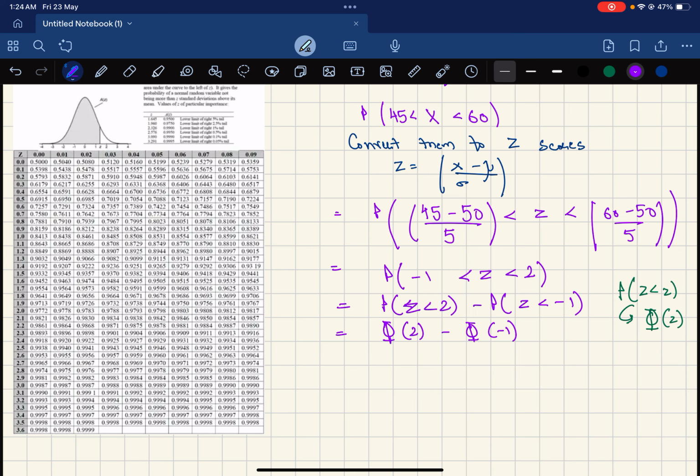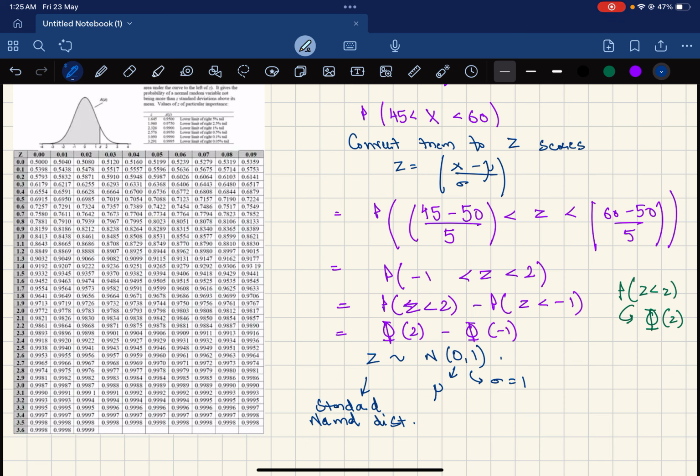Another thing to note here is that now that we have converted them to their respective z values, we can use the z distribution to calculate the probabilities, and the z distribution has a mean value of 0 and a standard deviation of 1. This is called a standard normal distribution. It is also a normal distribution, but with the mean always equal to 0 and the standard deviation always equal to 1.